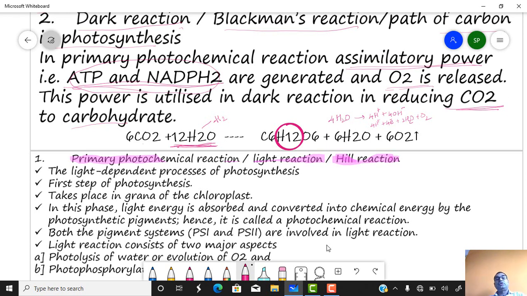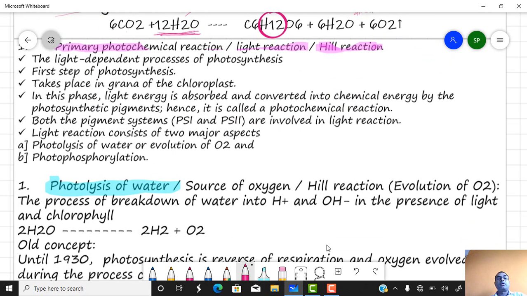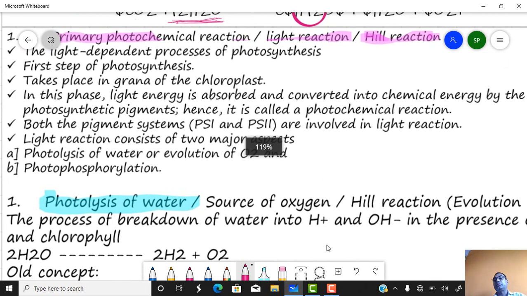Just see about the light reaction. Light reaction or Hill reaction or primary photochemical reaction. Remember, the Hill reaction shows that the oxygen liberated in the process of photosynthesis comes from the water molecule and not from the carbon dioxide molecule.